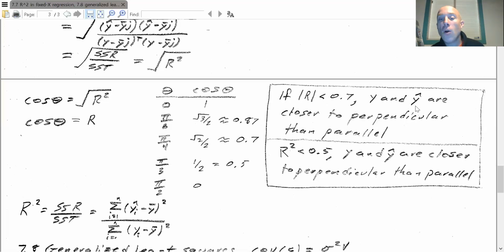So anytime I see an r squared less than 0.5, y and y hat are closer to perpendicular than parallel. That means that if I see an r that in magnitude is less than 0.7, or an r squared less than 0.5, really the vectors are closer to independent of each other, or I should say covariance of 0. They are closer to covariance of 0 than they are of being perfect correlation.